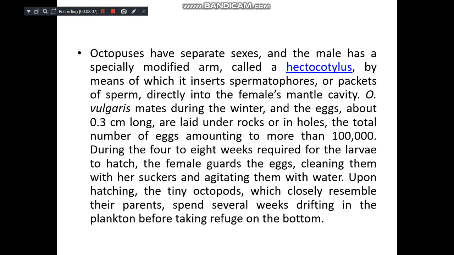Octopus have separate sexes and the male has a specially modified arm, one tentacle, that is known as hectocotylus, with the help of which it can insert the spermatophore or pockets of sperm directly into the female mantle cavity.